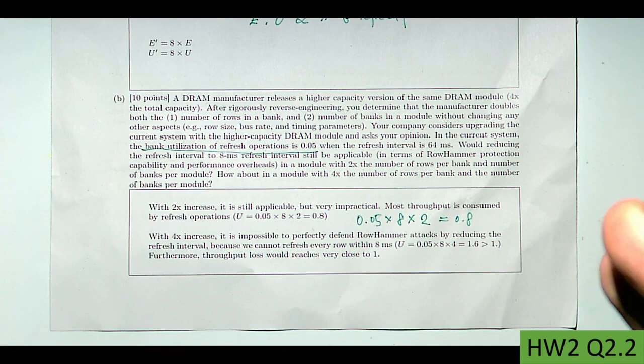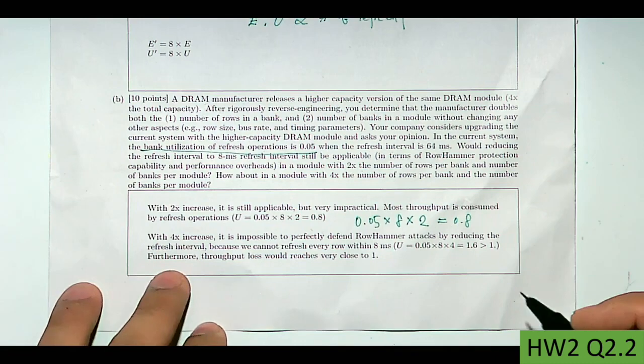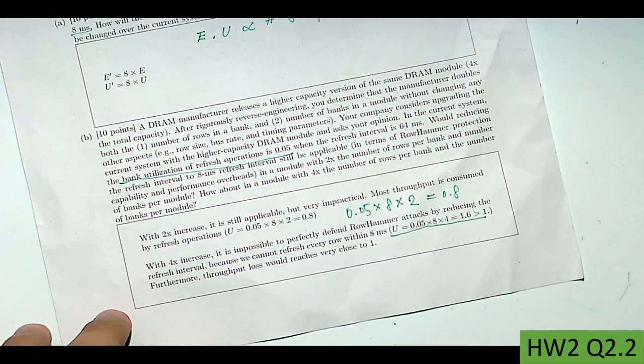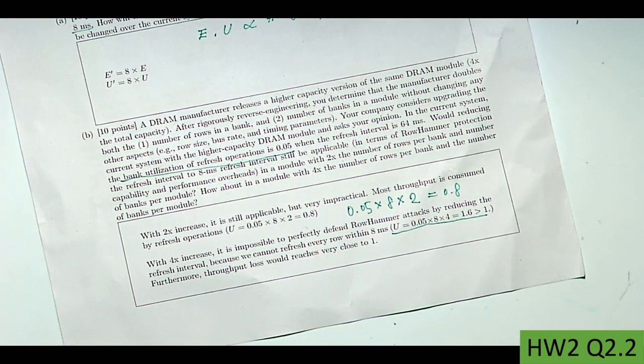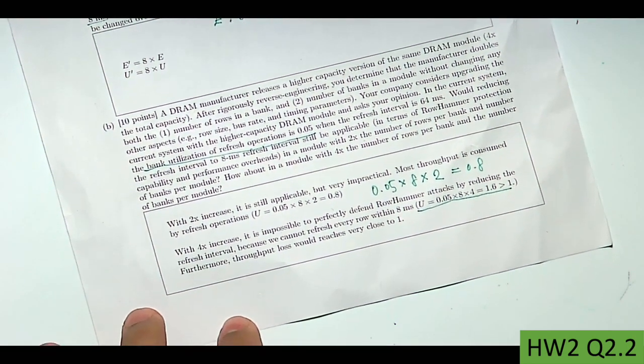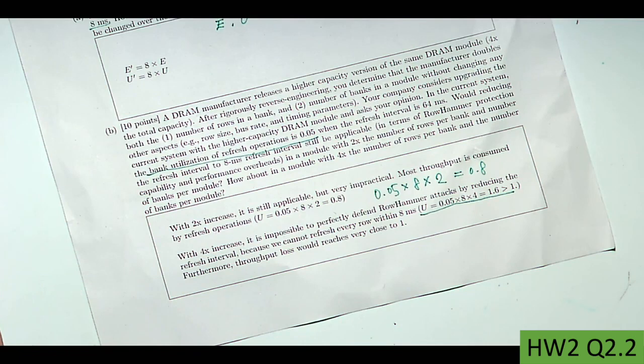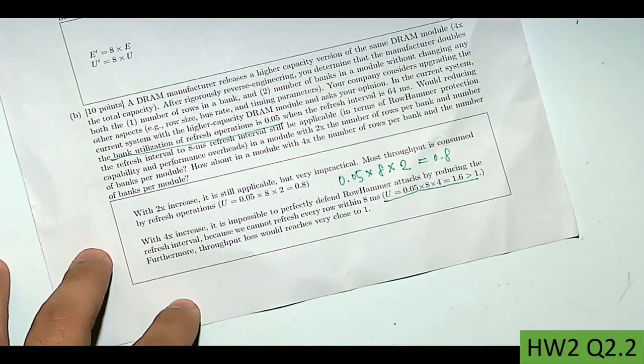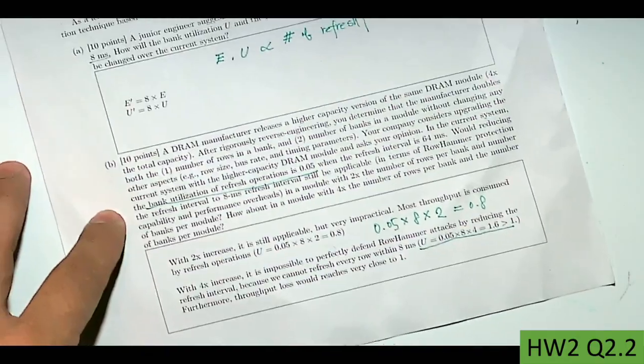It is impossible to reduce the refresh interval to 8 milliseconds because bank utilization becomes larger than 1. It means that even though we spend all the time on refreshes, we cannot refresh every row in a module. So we cannot apply this approach if the number of banks and number of rows increase to 4x.